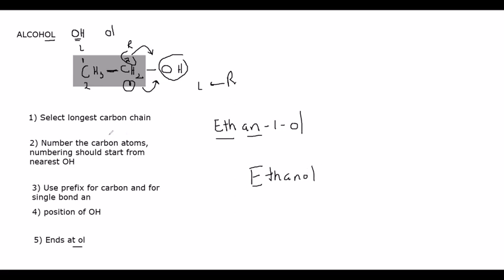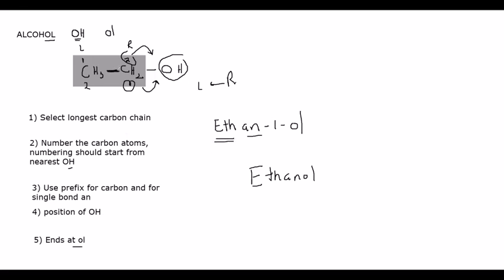So first what we did, we selected the longest carbon chain. In this example, there are two carbons maximum, so we select two carbons. Then numbering should start from the nearest OH. If I number from left to right, OH is with the second carbon. If I number from right to left, OH is with the first carbon. That is why I select numbering from right to left. Then use a prefix for carbon. Because there are two carbon atoms, we use eth.